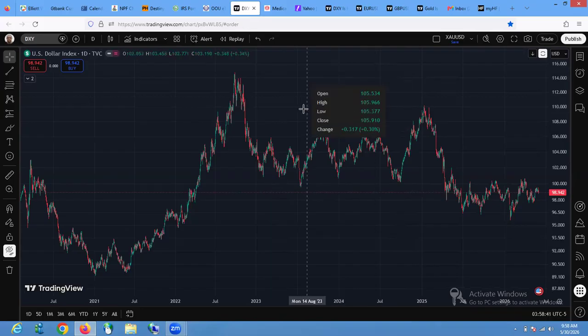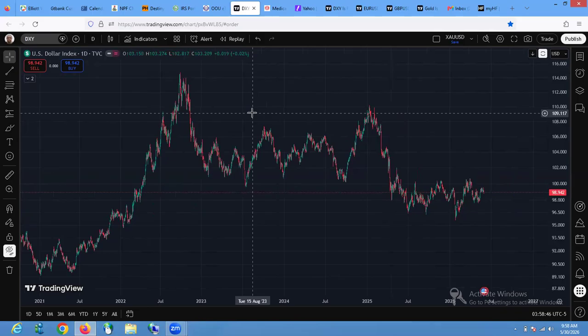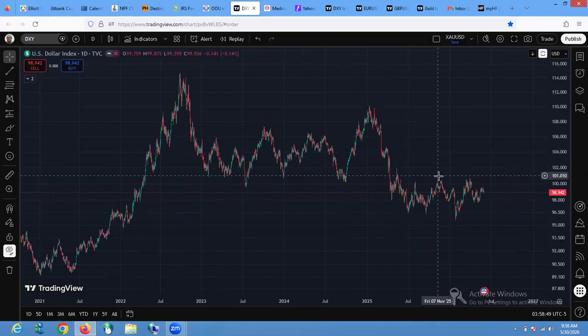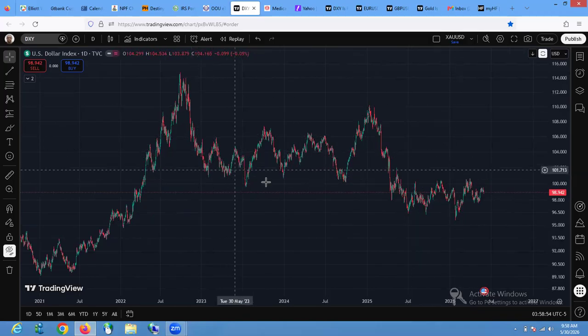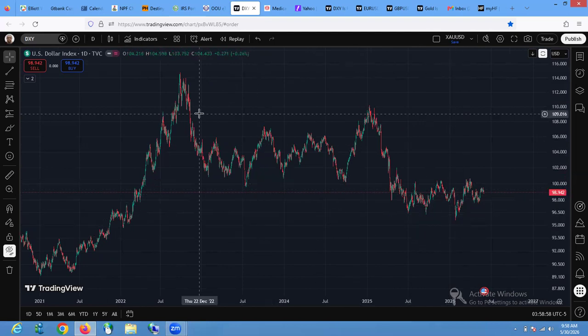And for what the price love, which is a symmetry, price will give us at least 100% extension to the downside. Unfortunately, on the DXY, we've not actually extended to 100%. We are short of that.